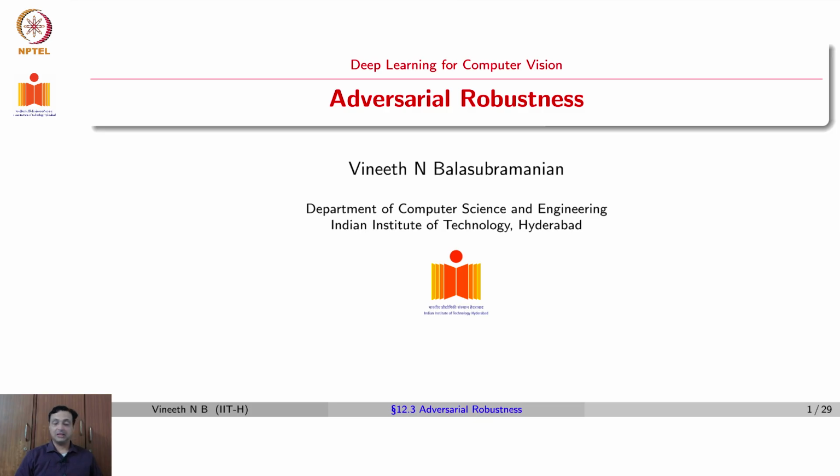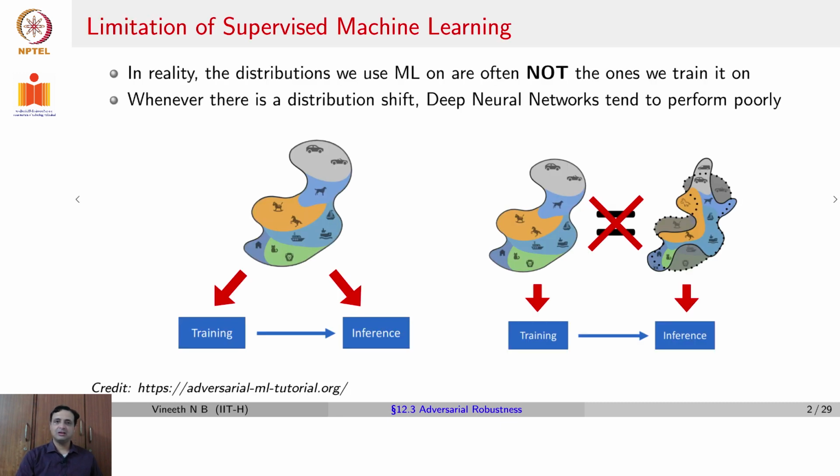The next topic that we'll discuss, again a contemporary one, is adversarial robustness. In supervised machine learning, often the distributions that we deploy machine learning models on, that is the test distribution, are often not the distributions that you train the models on, unfortunately.